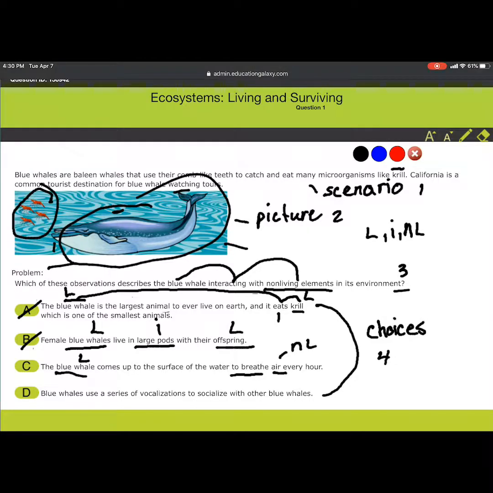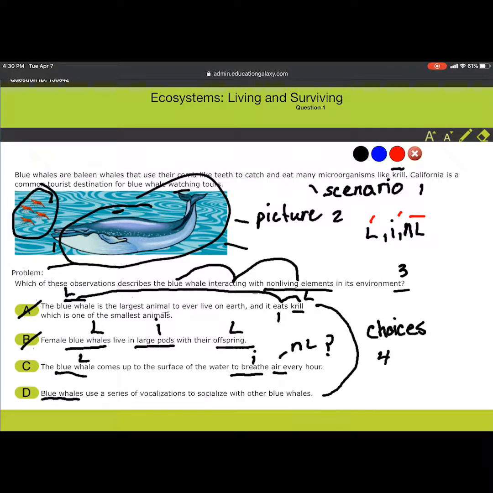I know that's kind of hard to read, so let me separate it with commas. Basically we have living interacting with non-living, and here we've found that the blue whale, living, is breathing. Here's the interaction: air every hour, non-living. So this one looks promising. I'll put a question mark on it.